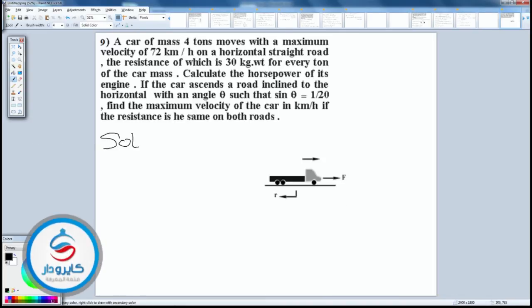Solution. On the horizontal, F minus R equals 0 because the velocity is maximum.